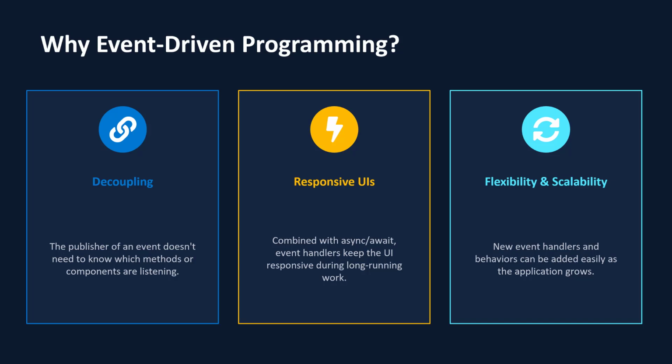Then flexibility and scalability. As your application grows, you can keep adding new event handlers and new behaviors without restructuring everything that already exists. Needing a new button that does something different? Just write a new handler and then subscribe it. The existing event-driven structure of your app accommodates that growth naturally.